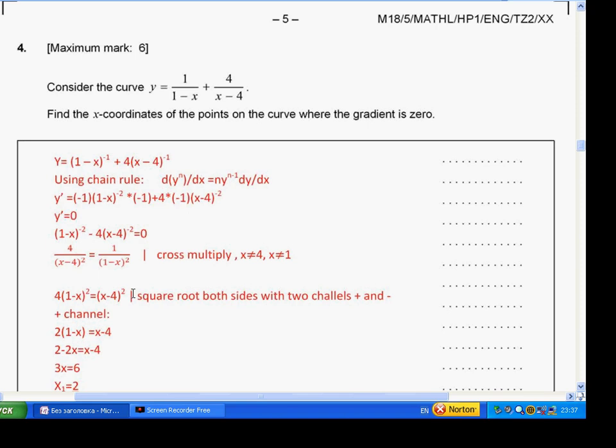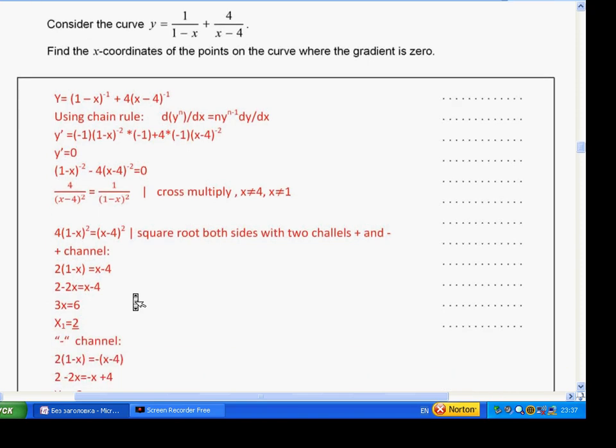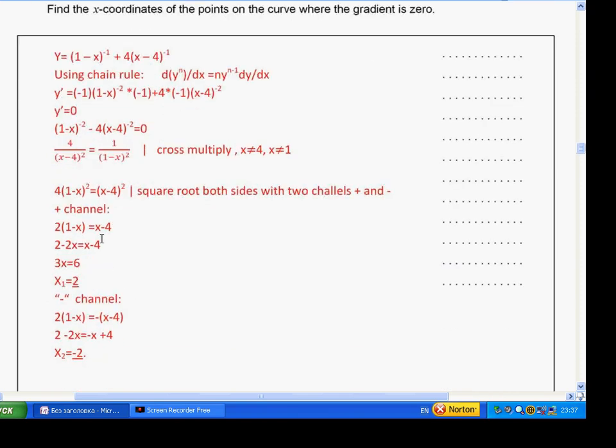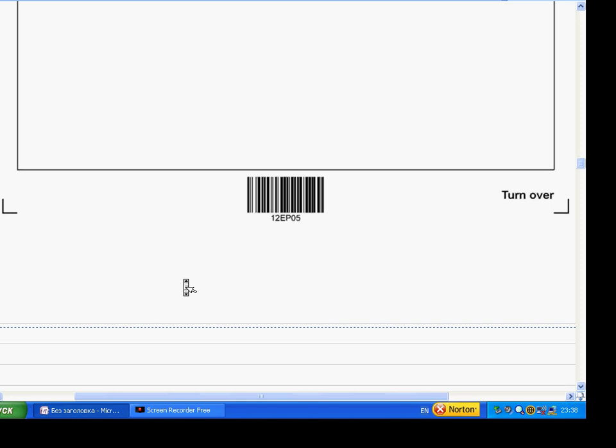To solve this equation, we should square both sides, but don't forget to have two cases when they are equal and when you put minus. So the plus case, squares are equal. x1 equals, for the minus case, we put minus in front of one of the squares. The answer is minus 2. So the question is done.